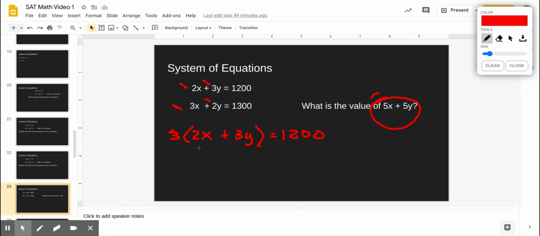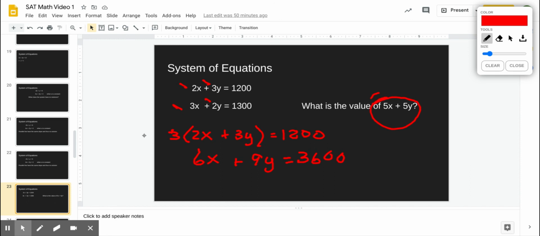So on this one, you'll get 6x, because remember, we have to do the distributive property. So it'll be 6x plus 9y, and we're multiplying there, equals 3600. Right? And even though these are big numbers, you don't need a calculator for this. You should be able to multiply that.